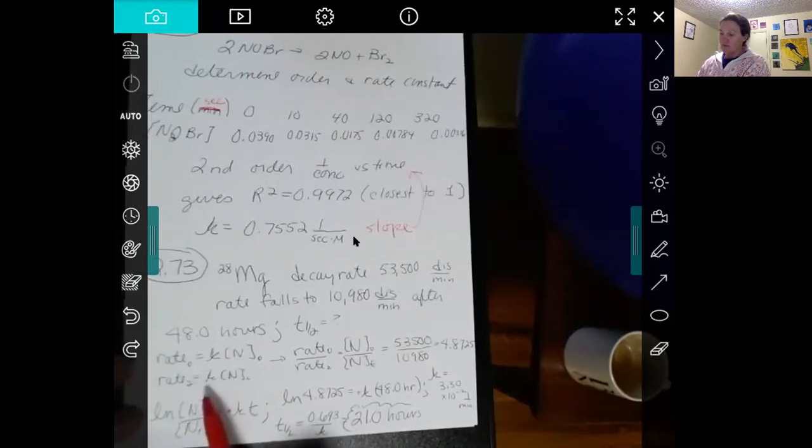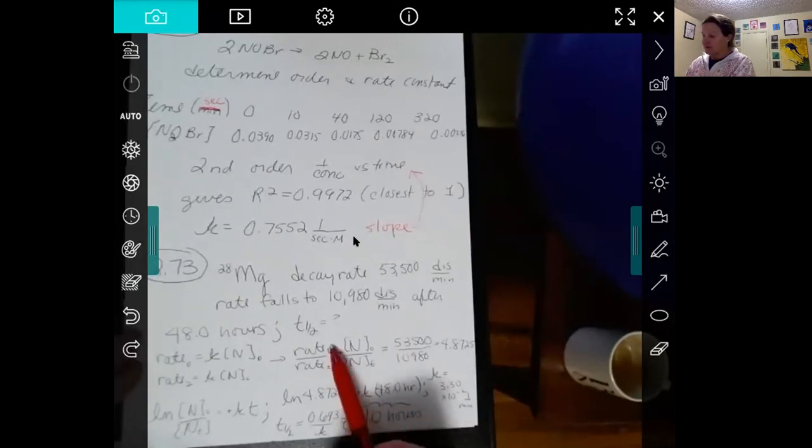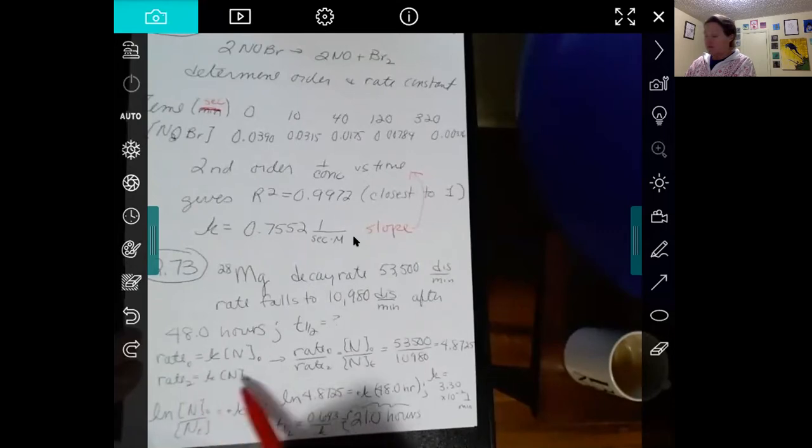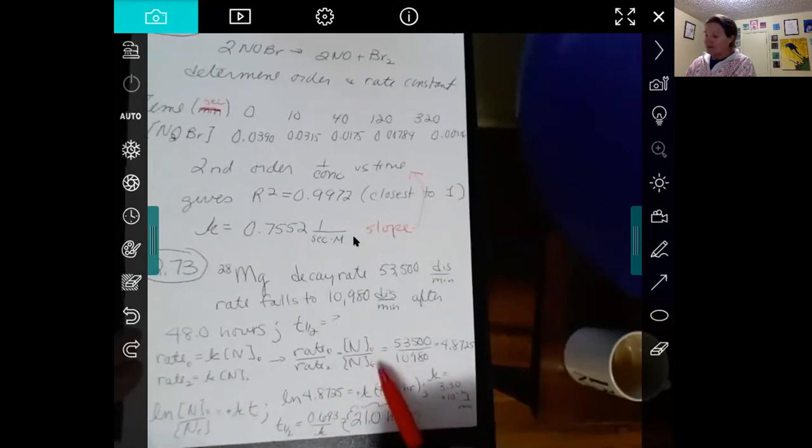So the initial rate is K times how many nuclei you start with. Then the rate will change to K, the same K, times the number of nuclei that you have at this new time, number 2. So if you take a ratio of the rates, the rate constant will cancel, and the ratio of the rates is equal to the ratio of the number of nuclei present in those 2 experiments.